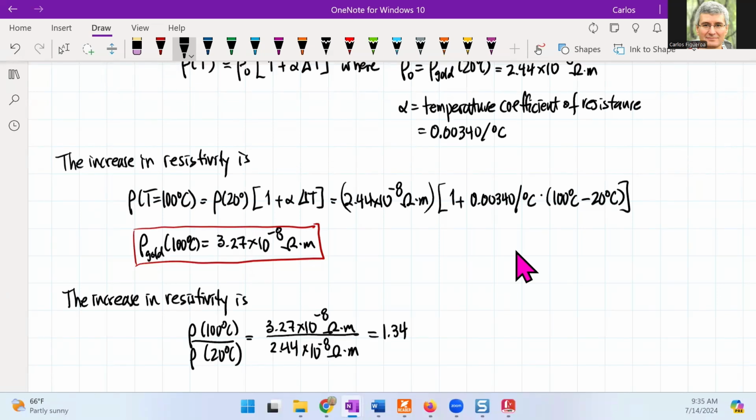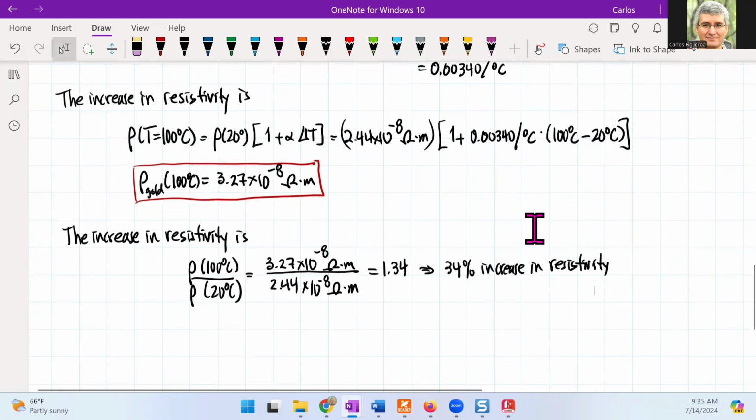In other words, this is a 34% increase in resistivity. That's a big jump. By the way, that also tells us it's going to be a 34% increase in resistance.